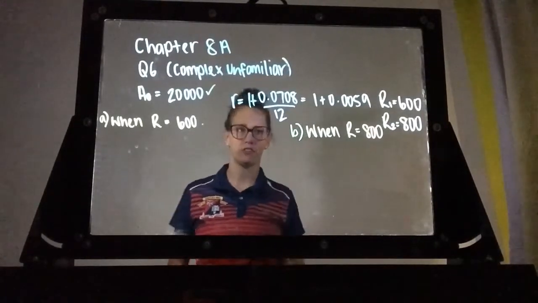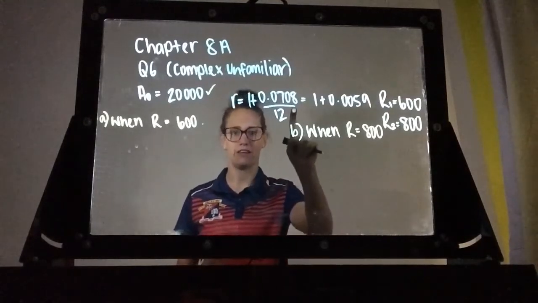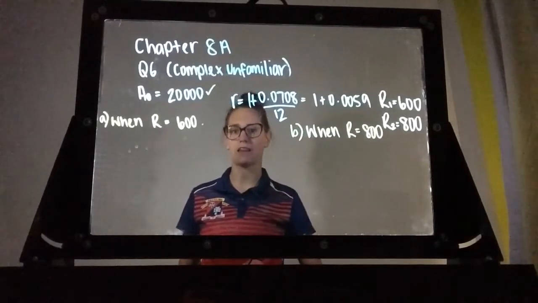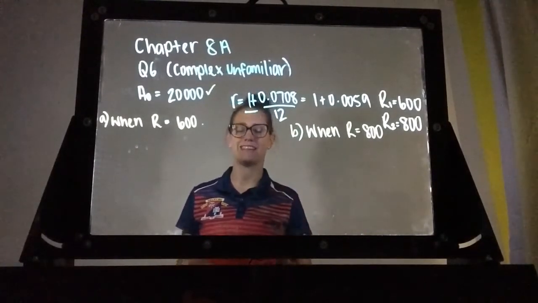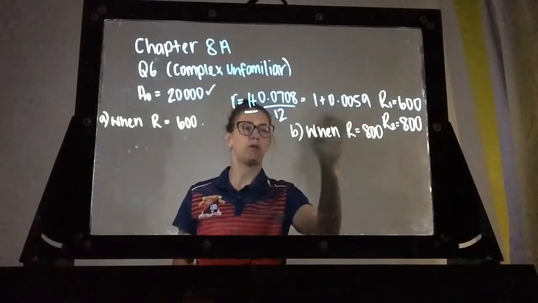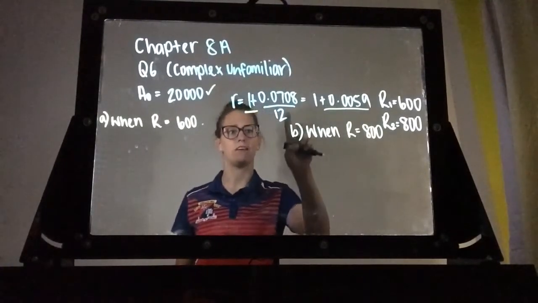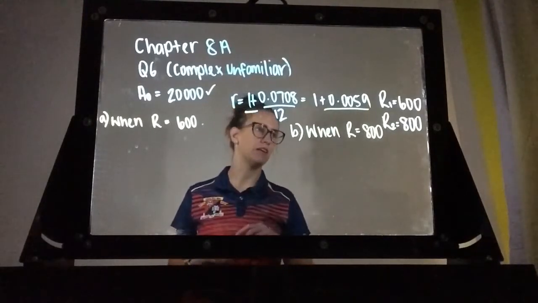We know that we had an interest rate of 7.08%, so I've written this in its rate form where I'm dividing it by 12 because it's compounding monthly. I've also got the 1 plus in there because I know with our recurrence relationships that needs to be included. So I've also done the calculation for that. When I divide 0.0708 by 12, I get 0.0059. That's where that relationship comes in.